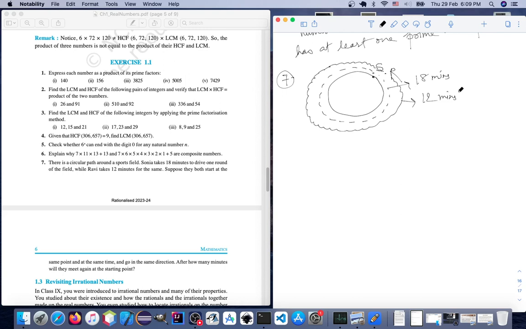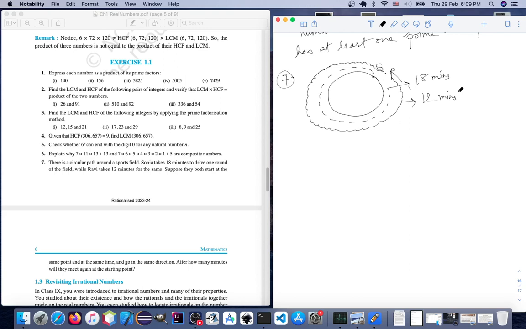Then after how many minutes will they meet again at the starting point?